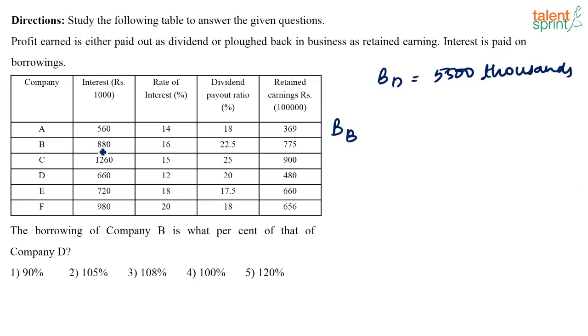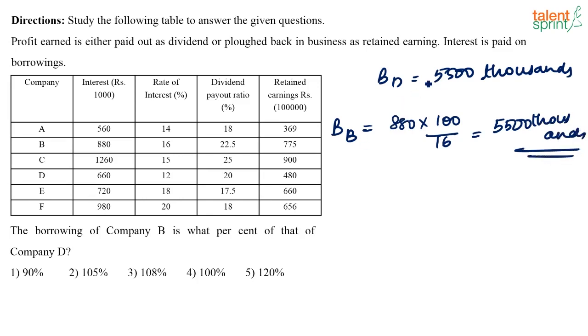Borrowing of company B is equal to 880 into 100 by 16, which is again equal to 5,500 thousands. So both are the same. So the borrowing of company B is what percentage of that of company D? 100%, right? Both the values are the same. So the correct answer here is option 4, 100%.